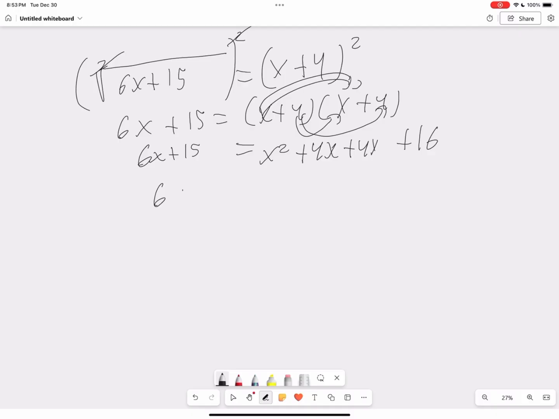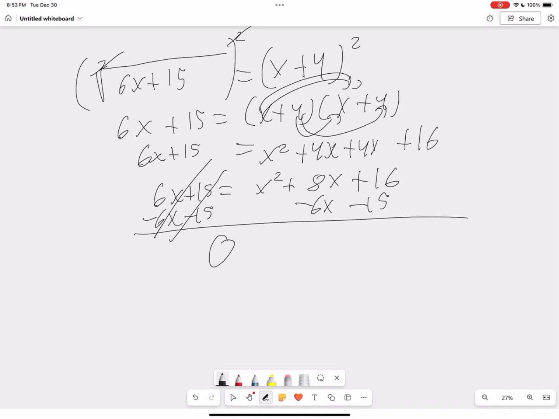I'm going to simplify and set equal to 0 so I can factor. So we get x squared plus 8x plus 16. Move the 6x and the 15 to this side. So I get 0 equals x squared plus 2x plus 1. So x squared plus 2x plus 1 is equal to 0, and we can factor.